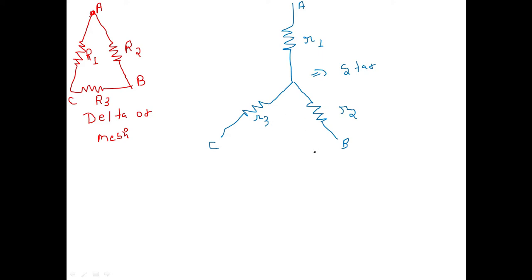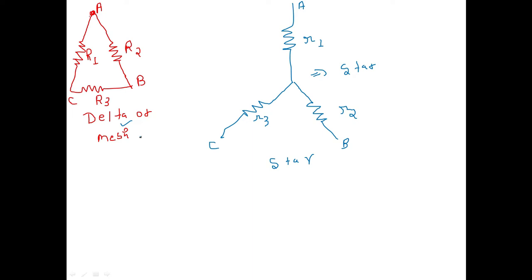So this is known as star, and this is our delta. Delta and star, one is in the form of a delta and the other in the form of a star, so that's why we assign the names delta and star to these circuits.